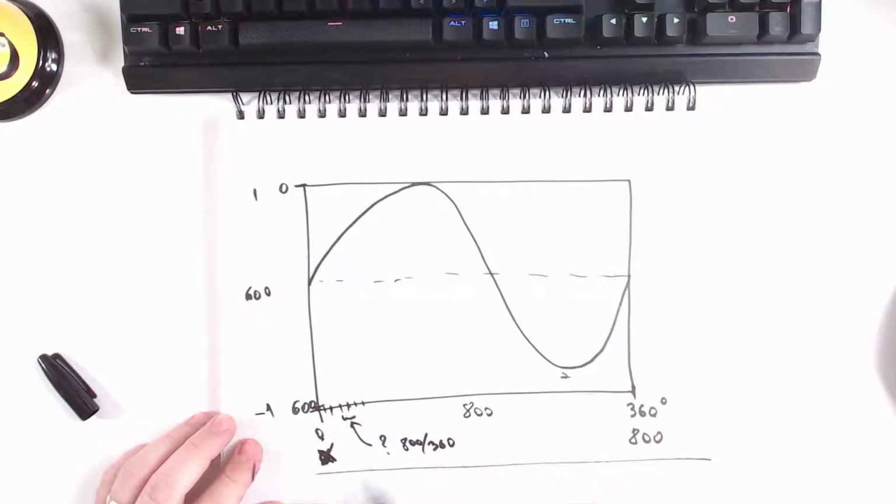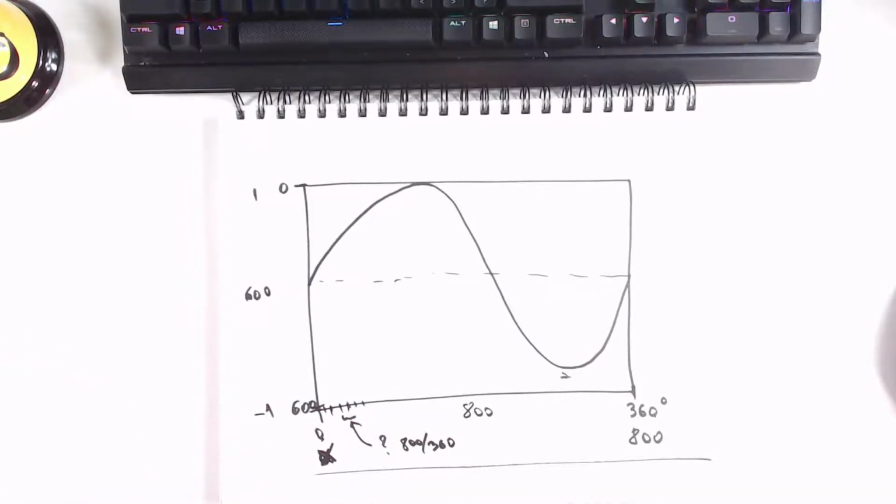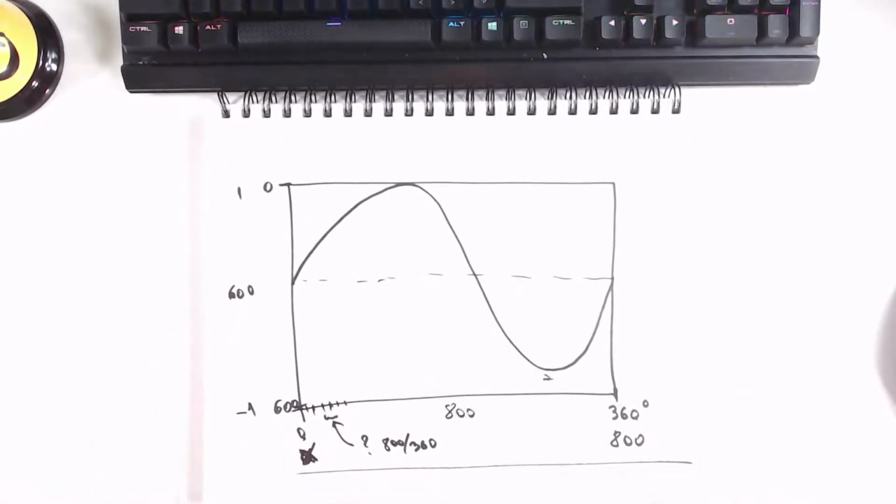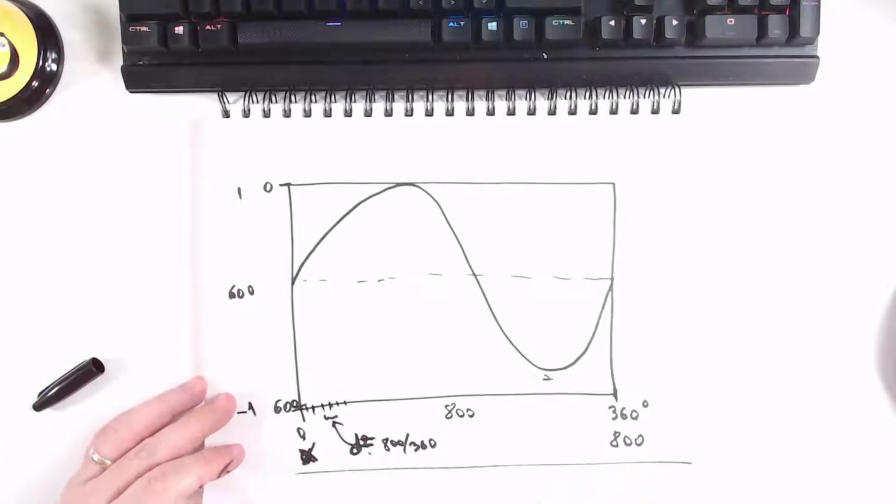Let's name this one, let's say this is the distance, variable d. And then we want to do a for loop to go through all the angles from 0 to 360, and for each angle we'll figure out the value of the sine at that point.